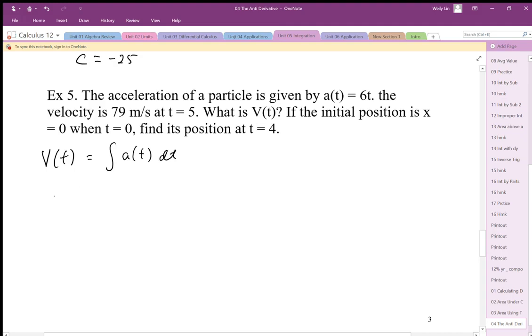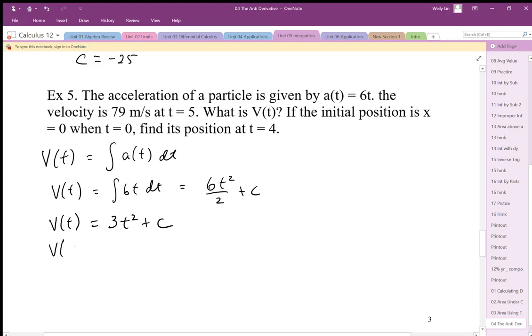And if we know the acceleration function and we know how to anti-differentiate that, yes, I know how to anti-differentiate that. That's going to give me 6t squared over 2 plus c. So my velocity function ends up being 3t squared plus c. Well, I don't know the plus c. However, I've been given a condition here that the velocity is 79 when t is 5.